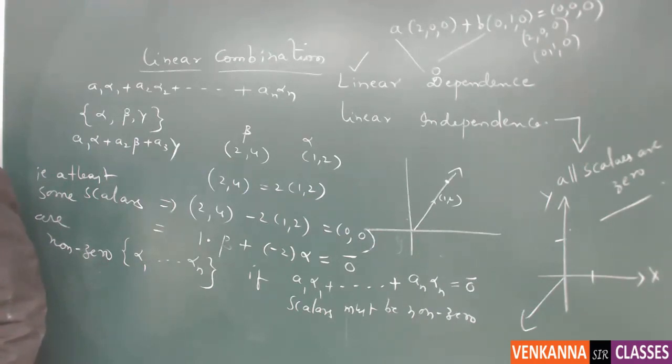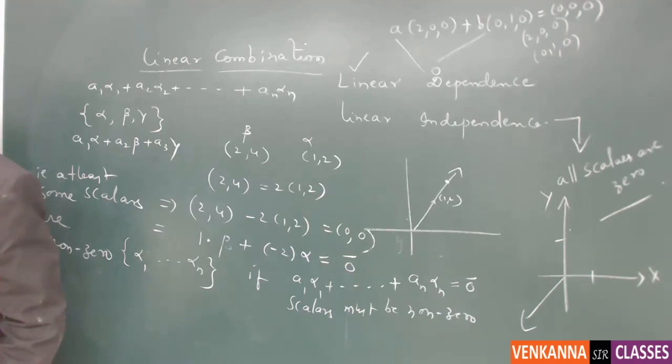So, linear independence of a set is nothing but whenever you take a set of vectors, the combination will become equal to 0 only when the scalars in that combination are completely 0. Clear?